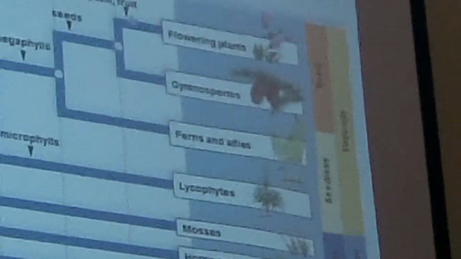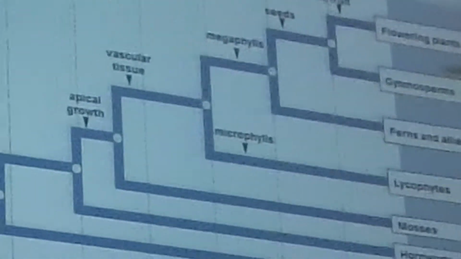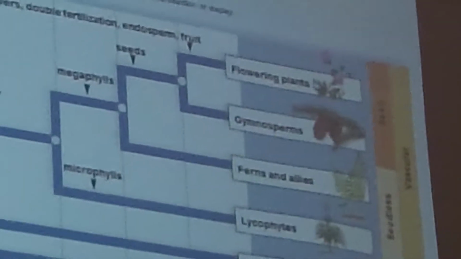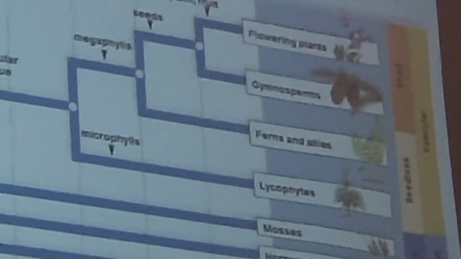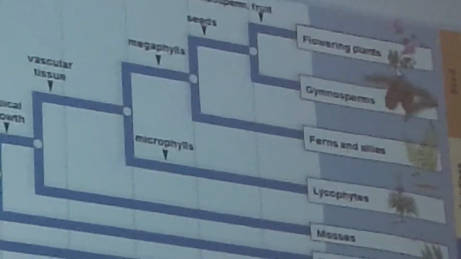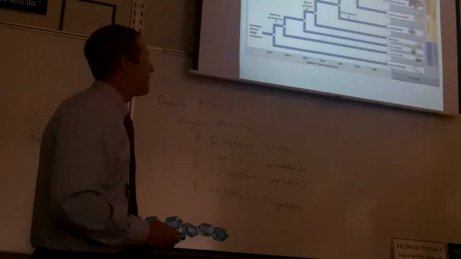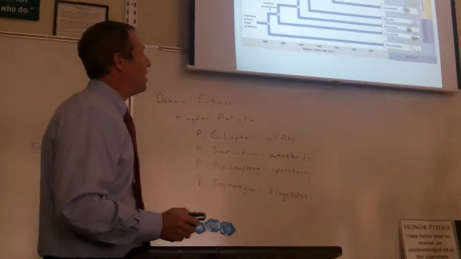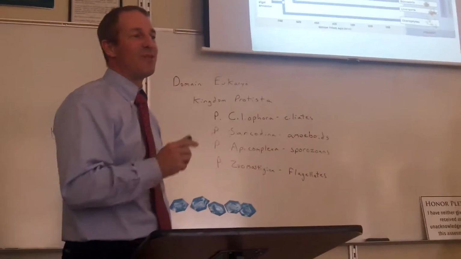And then fruit evolved, and flowers. And we had the flowering plants come from those. The flowering plants have seeds too, but they evolved flowers and fruit for reproduction. They're the most recent to come about. And flowering plants, man, they're smart. They use insects to help them reproduce.